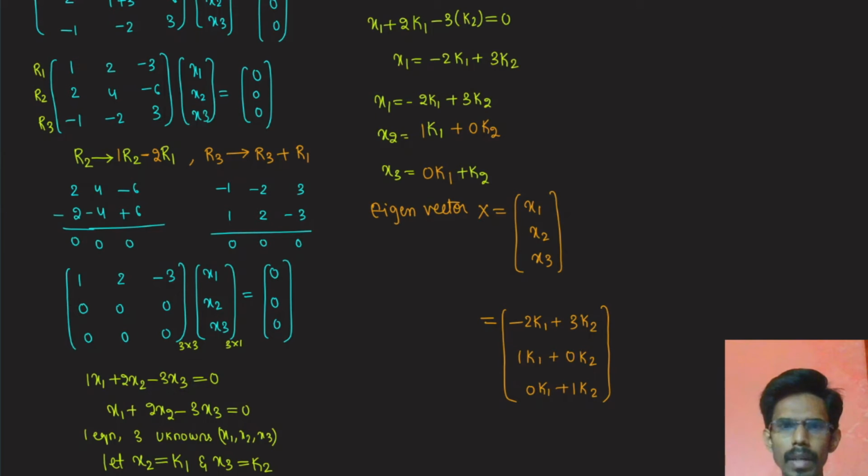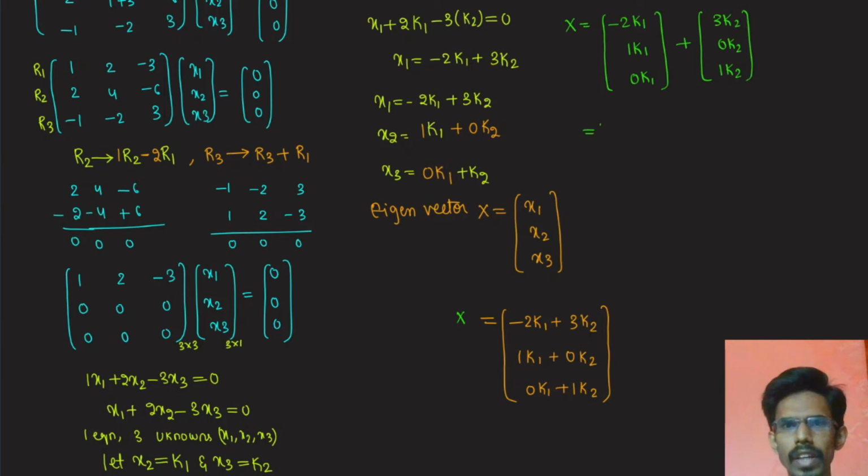Now this matrix capital X is split as, see here, minus 2 k1, 1 k1, 0 k1. So I'm splitting the matrix: 3k2, 0k2, 1k2.